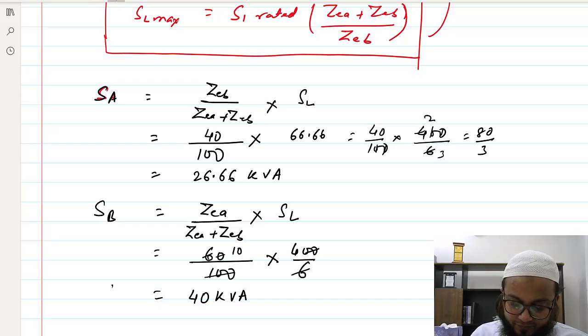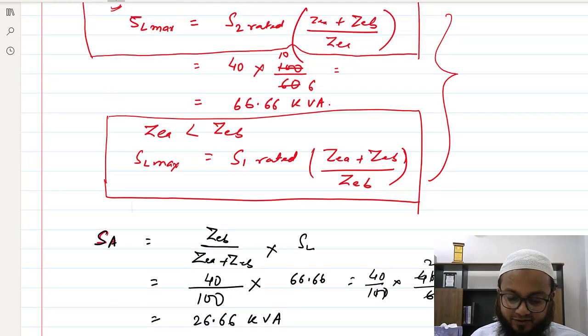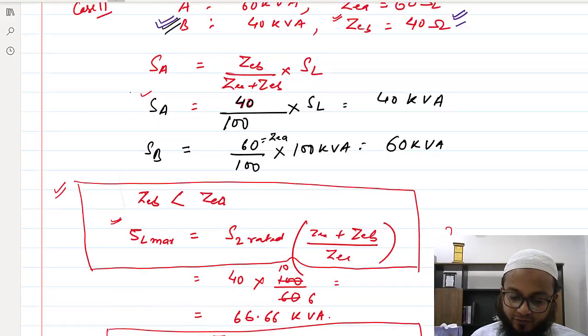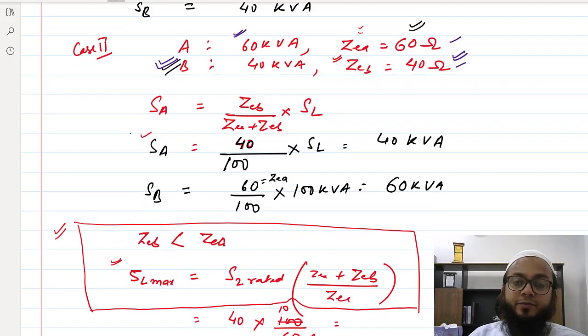So now you see here, transformer B has reached its maximum capacity, 40 kVA. So the transformer which has a lower leakage impedance will reach its rated apparent power. Okay. And the transformer which has a higher leakage impedance, and if its apparent power rating is also higher, then it won't be utilized fully.